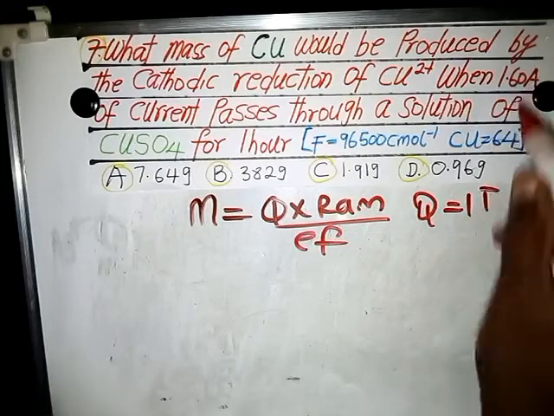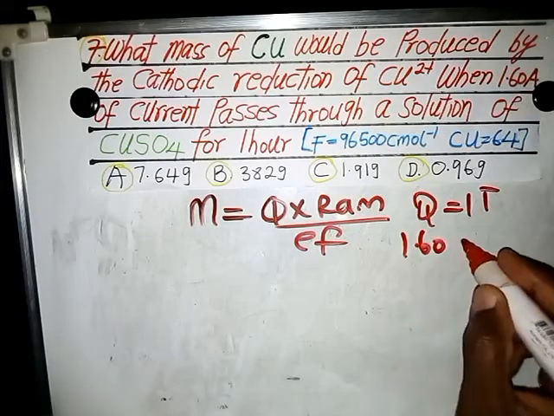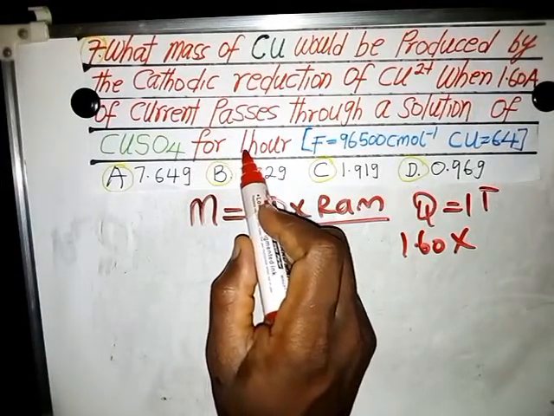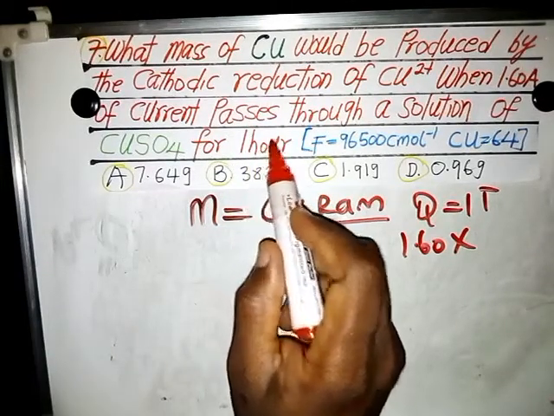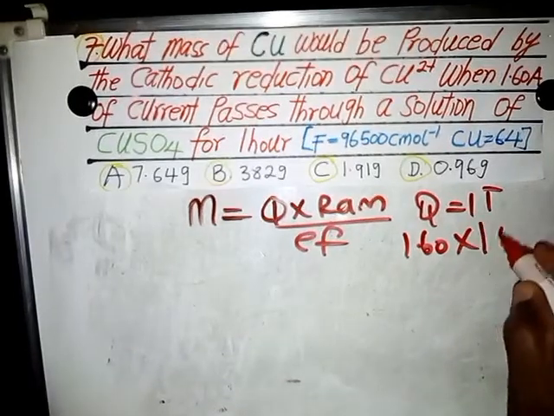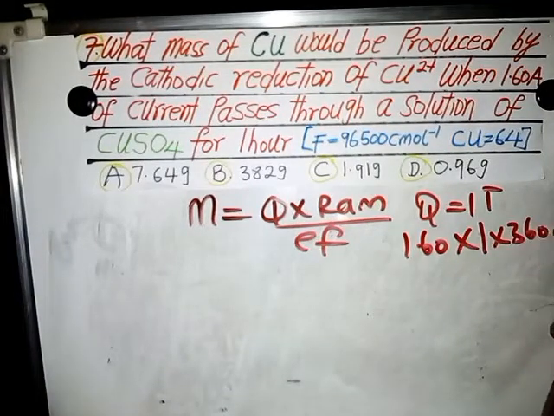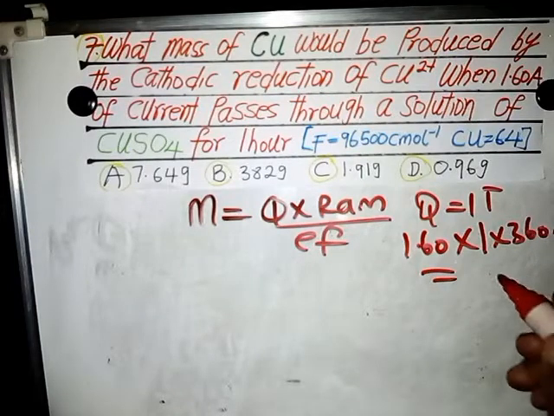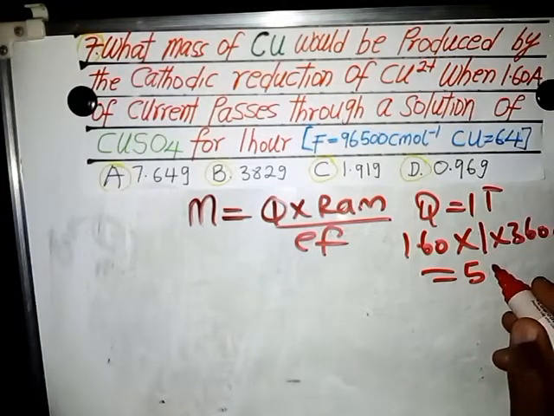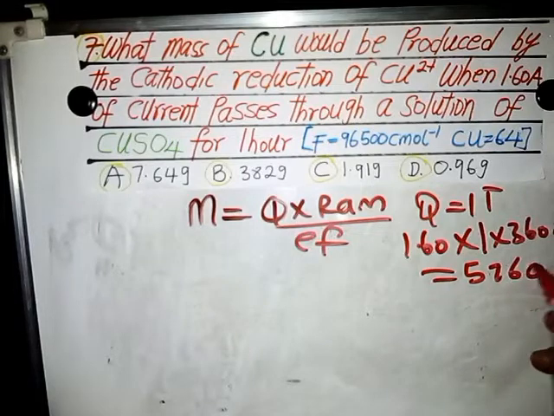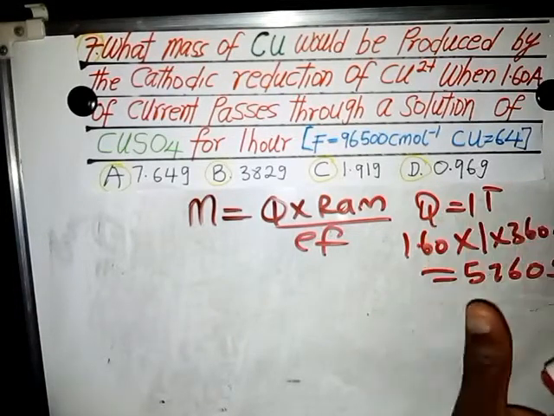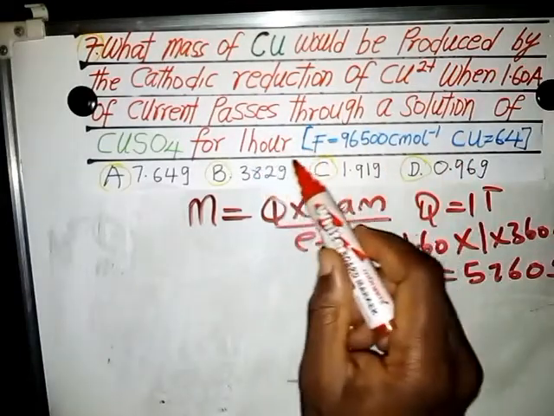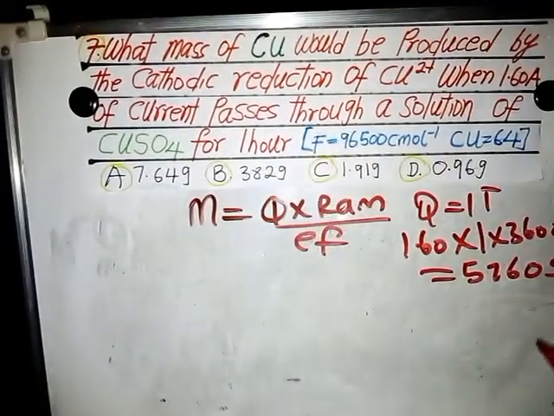So I is 1.60, then T is 1 times 60 times 60, which is 1 times 3600. When you do that, you should get 5760 seconds. So you have converted the time from hour to seconds.